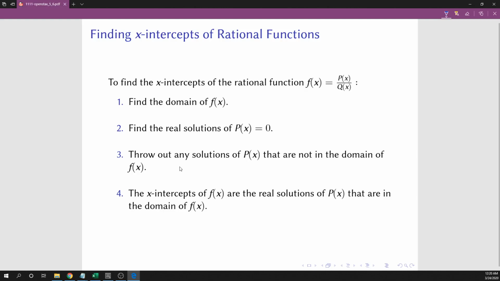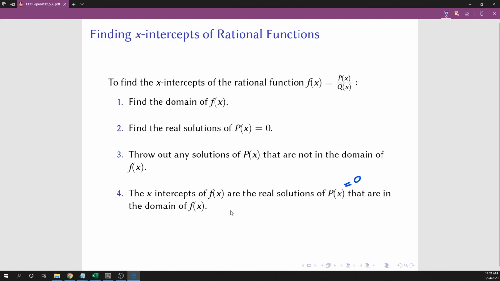Next, in step 3, you want to take any real solutions of p of x that are not in the domain of x and get rid of those. Those will not be x-intercepts. Finally, the x-intercepts are the real solutions of p of x equals 0 that are in the domain of f of x.